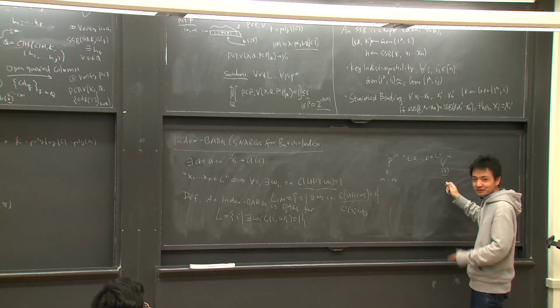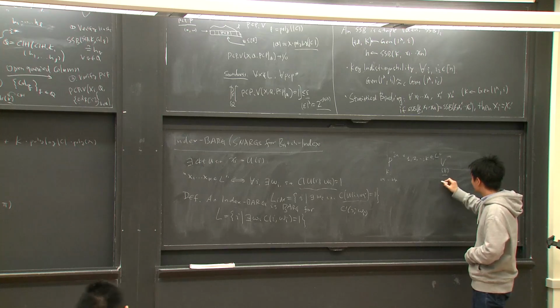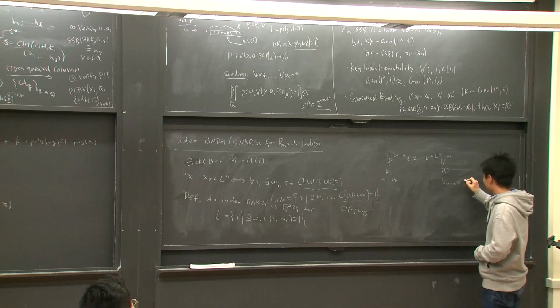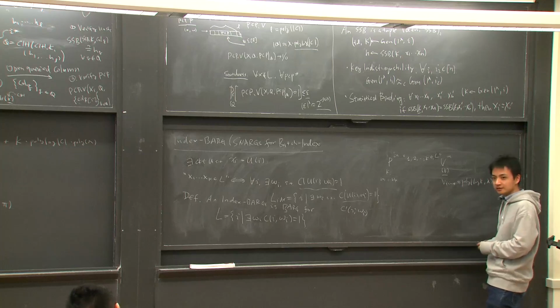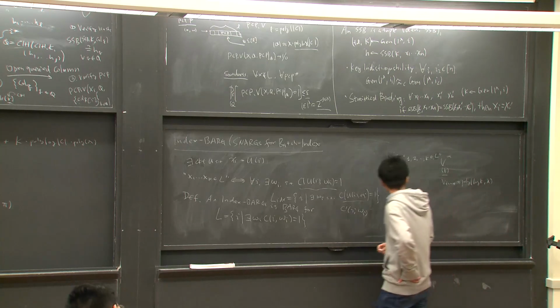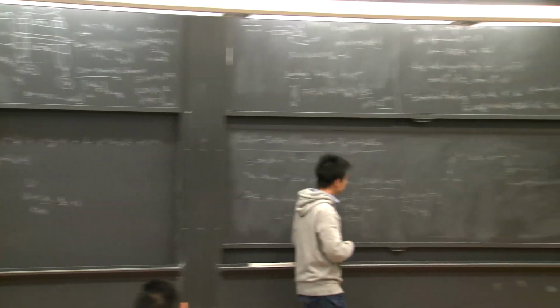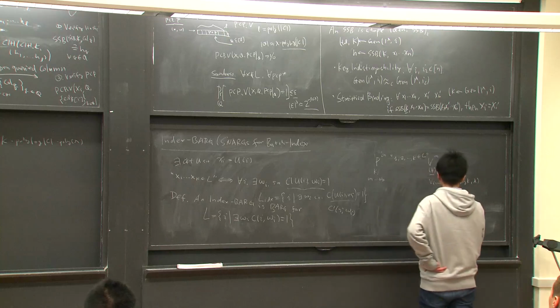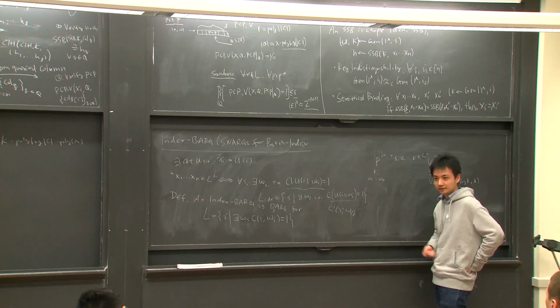The verifier only needs to read this index k and the proof, so the verification time can be as small as some log k. It only depends on log k and the security parameter lambda. And for this index BARG, we also require completeness and soundness in the same way as before.